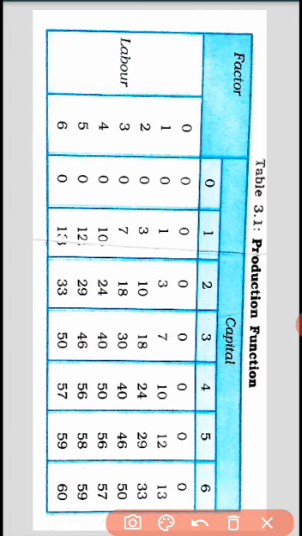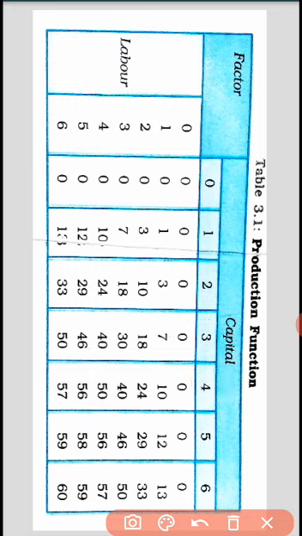So like this it goes on changing. If we are using 5 units of labor and, let us suppose, 4 units of capital, what will be our production? It will be 56. We are using 5 labors and 4 capital.